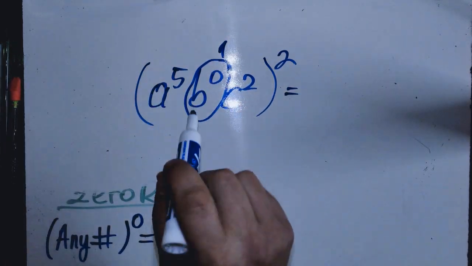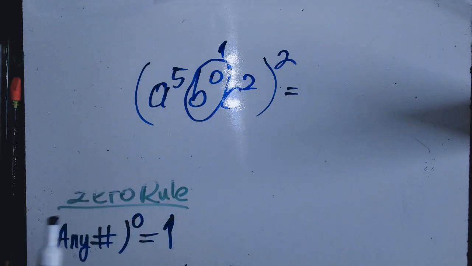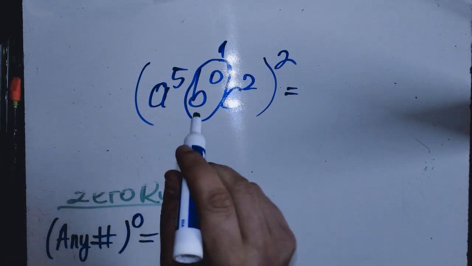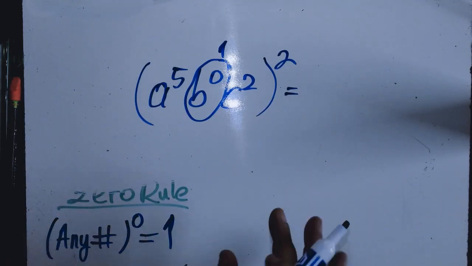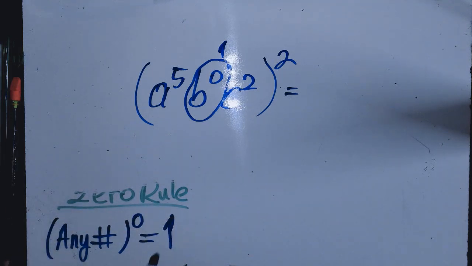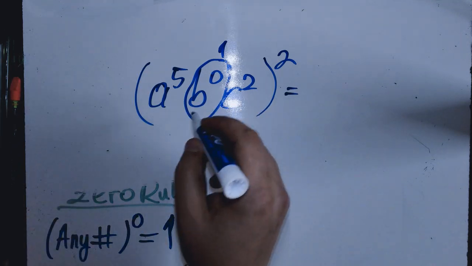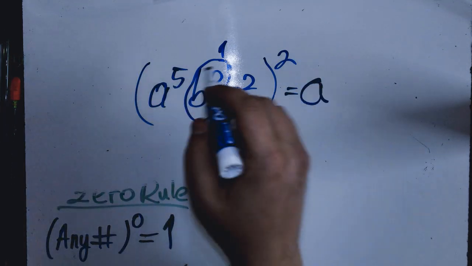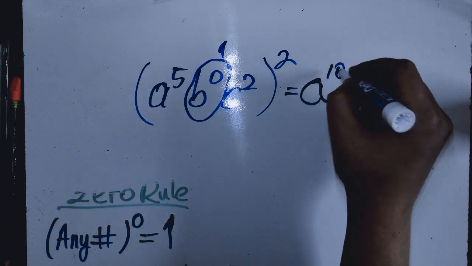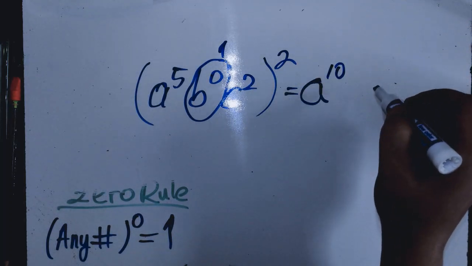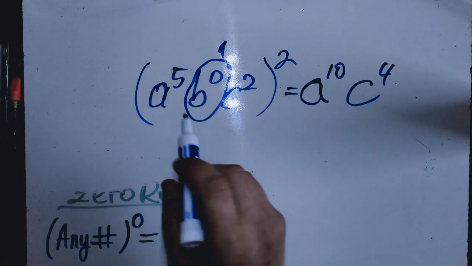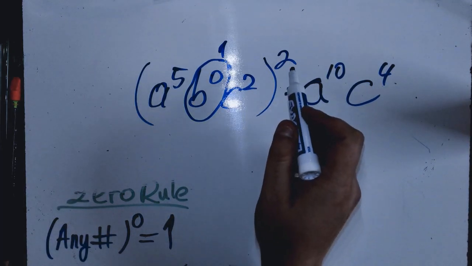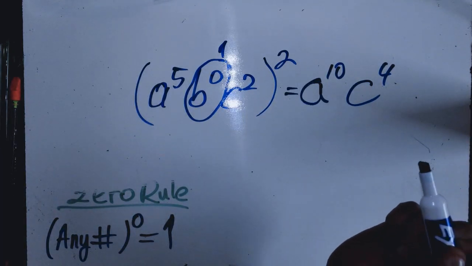So don't confuse it, because sometimes I see mistakes where the moment people see a 0 exponent, no matter what the base is, they assume everything is 1. The exponent only affects the base it's on. So in this case, the answer would be a, 5 times 2 is 10, and c, 2 times 2 is 4. b to the 0 to the 2nd power is still going to be 1. Okay?